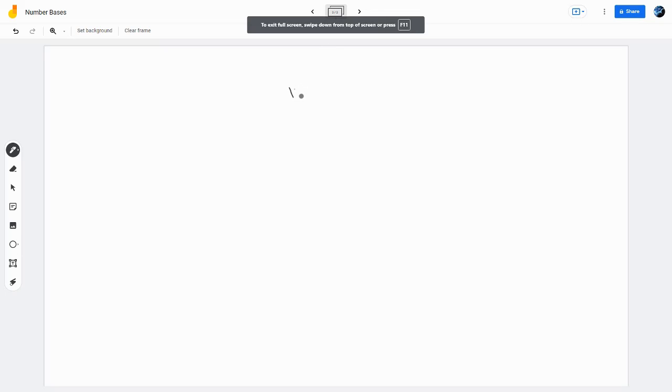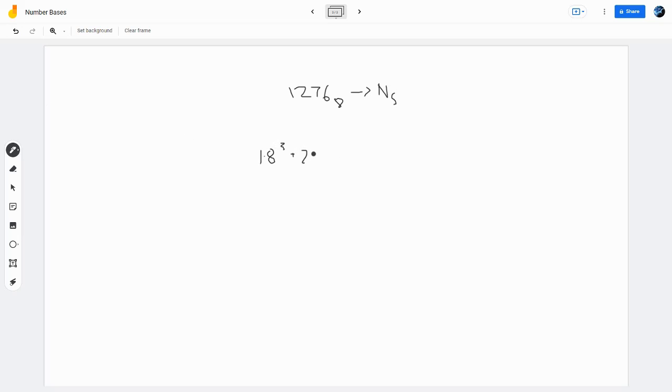So the first problem has us wanting to convert this to base 5, right? We're going to expand this into 1 times 8 to the third plus 2 times 8 to the second plus 7 times 8 plus 6.